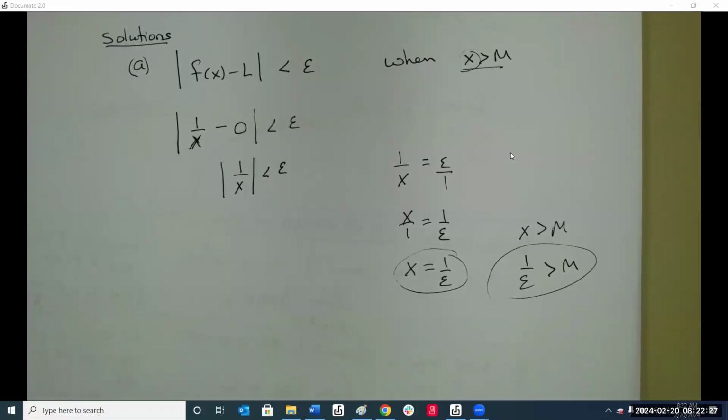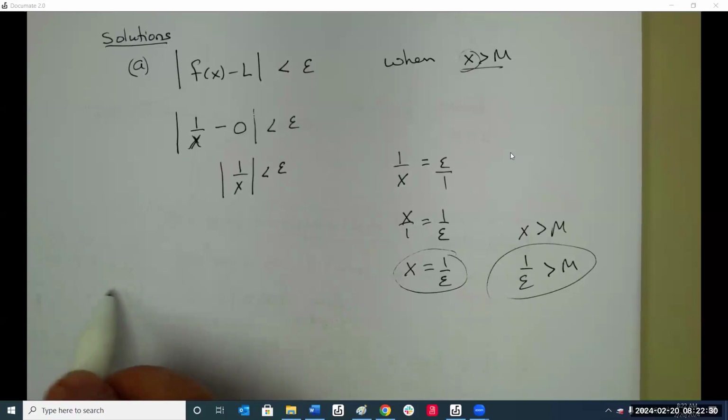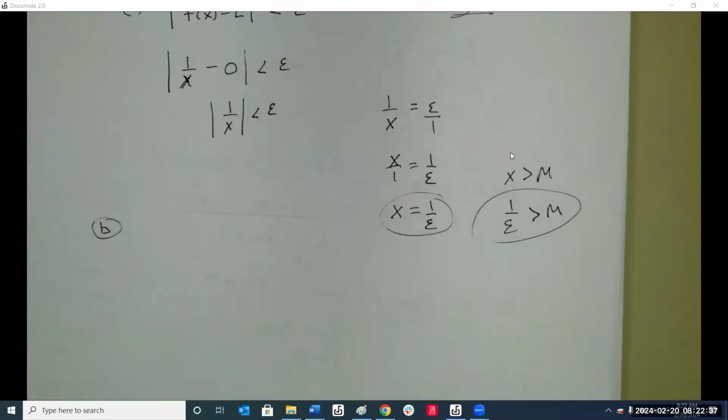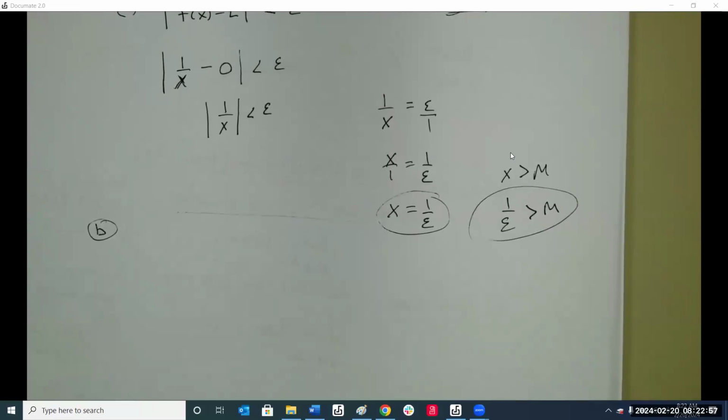Let's do example B. Try to prove it the same way. How would you prove it?